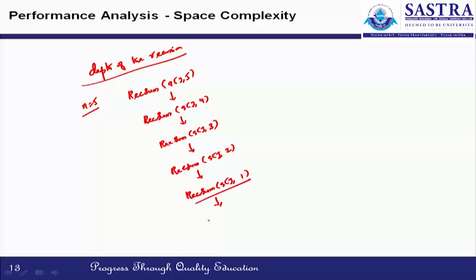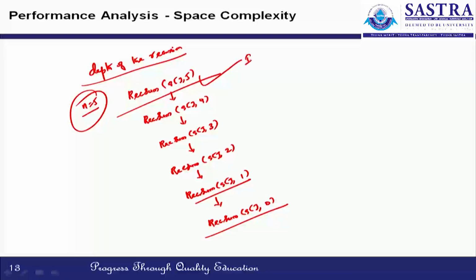This invokes the next recursion, recursive sum of A array comma 0. Since n is equal to 5, recursive sum A array comma 5 is simply the initial call. These are the recursive calls. Whichever is the initial call or any of these recursive calls, we need at least 3 words of memory.